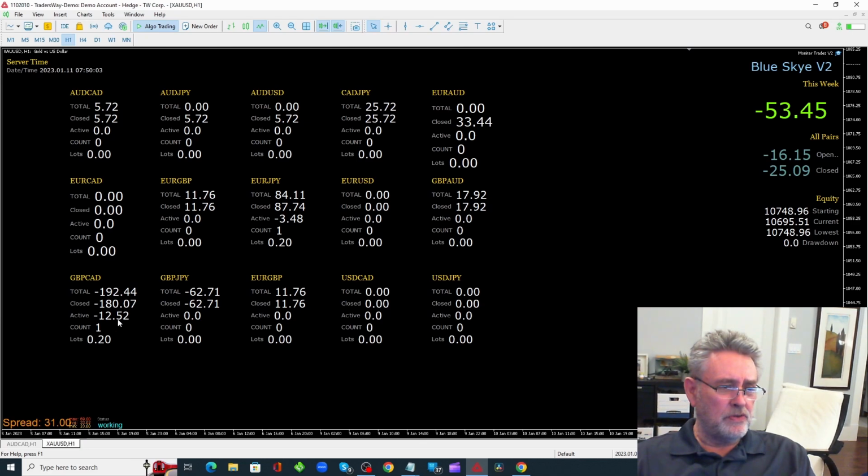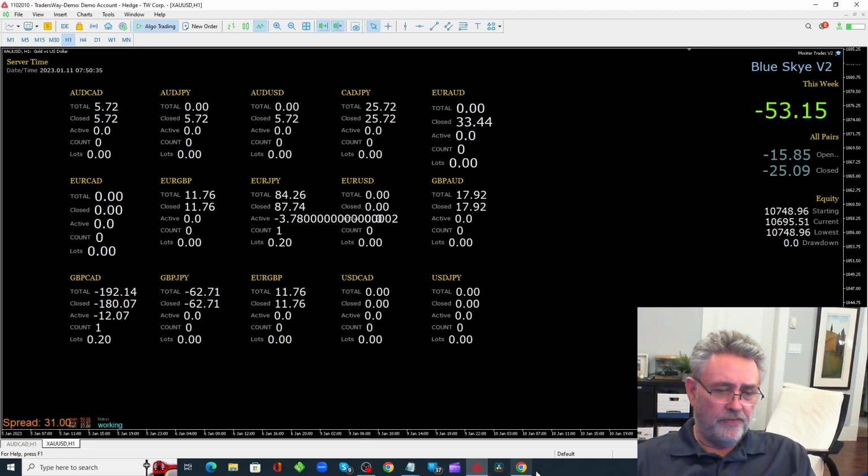The reason this one was not turned off is because I didn't get the code on in time, but I've got some code in there where I'm trying to get out of it at a small profit, because there is one trade on at 0.2 lots and it is down $13. But if I can get this to be up a couple of dollars, then this will just be shut down just like this one was, because obviously these pairs are not doing well for this EA right now.